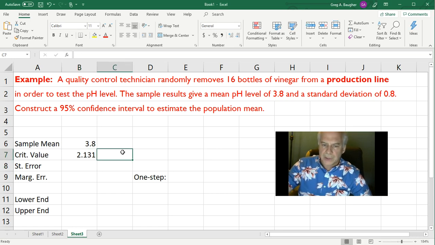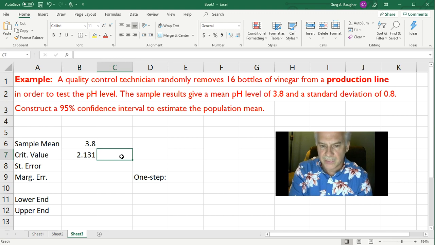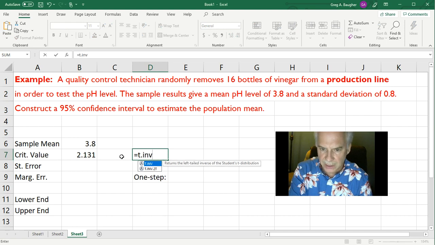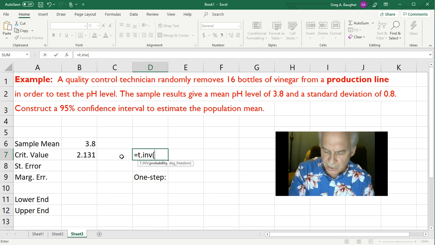But if you want to use the t.inv command, I can show you that. So we can go equals t.inv, and then parentheses, then the probability, that's the alpha divided by 2, I believe. So if it's a 95% confidence level, we'd be 0.05 divided by 2. And then your degrees of freedom, which is going to be 1 less than the sample size.